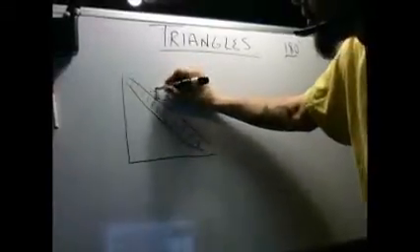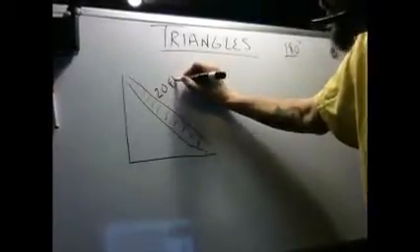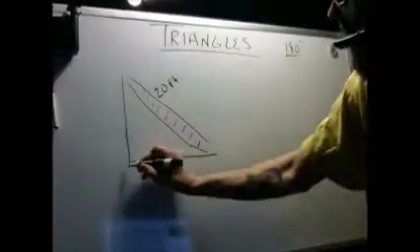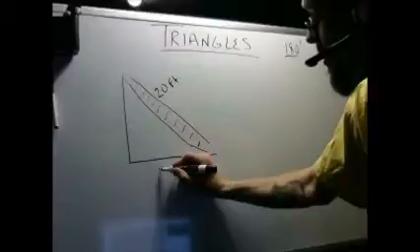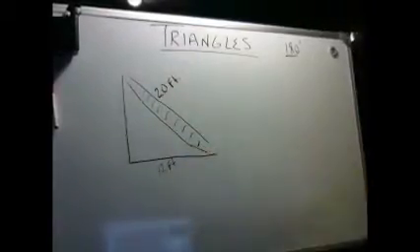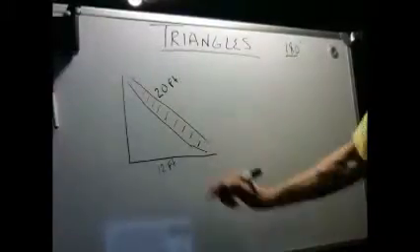And the ladder is 20 feet long. And it tells us that the distance on the ground from the wall to the ladder is 12 feet, which is this distance here, is 12 feet. How many feet up the wall does the ladder reach? So it's asking us for this side.